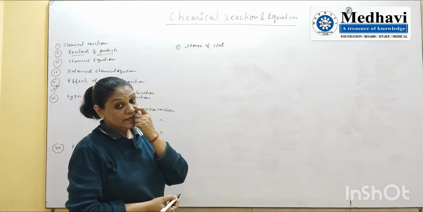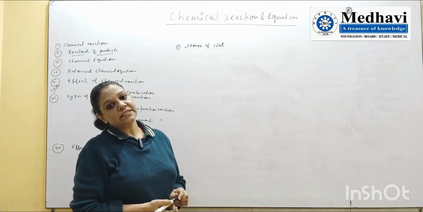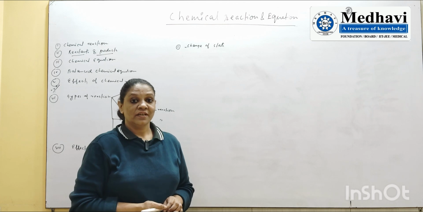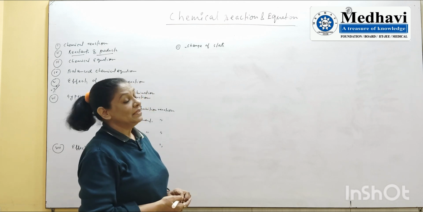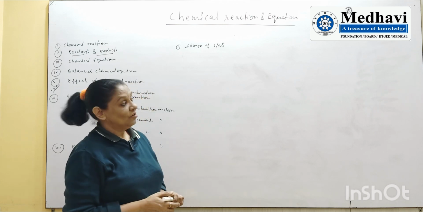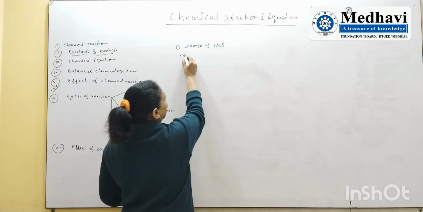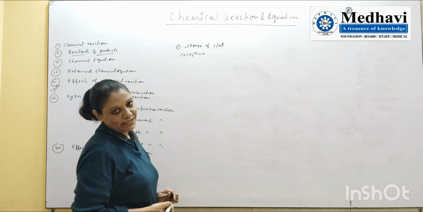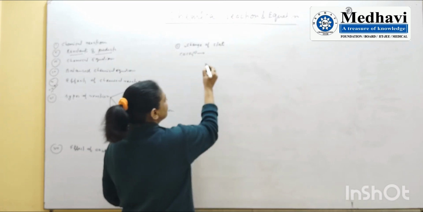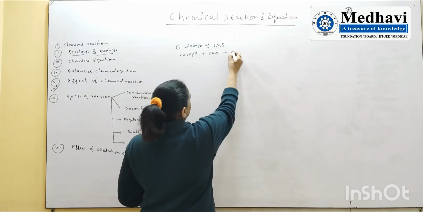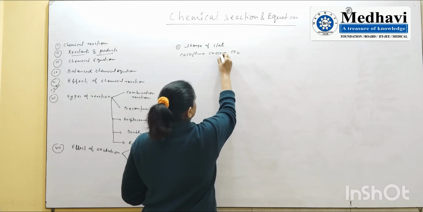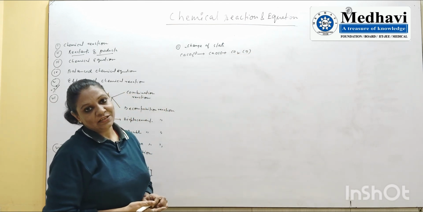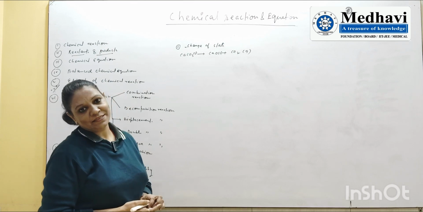That means when we start a chemical reaction, the state of the reactant or products may change. State means solid, liquid, gas. For example, calcium carbonate is in the solid state, and when the reaction takes place we get calcium oxide, which is also solid, and carbon dioxide, which is a gas. So change of state takes place.